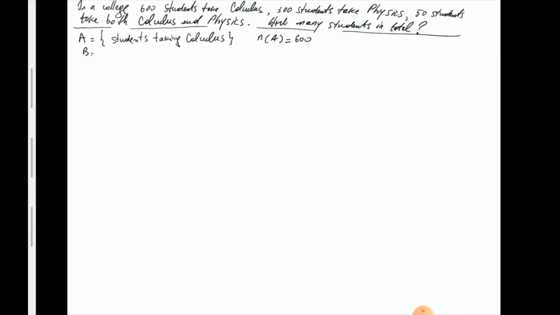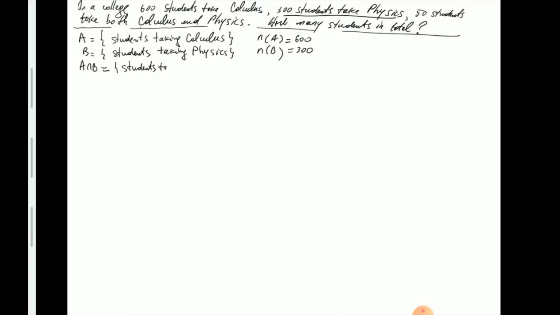Then by B, the students taking physics. And the problem says that the number of students that take physics is 300. And then finally, those who take both calculus and physics, notice by definition that is the overlap, the intersection between the two.